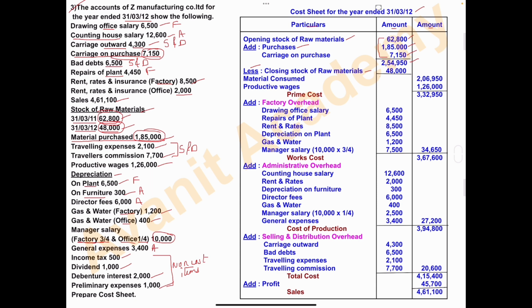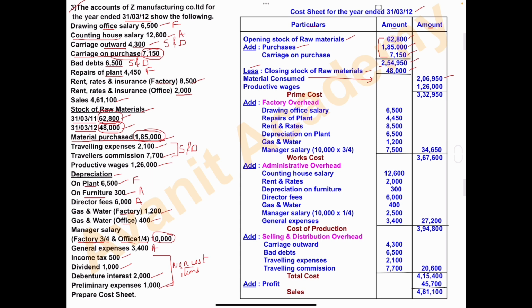This one we have to minus. 2,54,950 minus 48,000, and the final amount is 2,06,950. Write it in the last amount column, 2,06,950. And this is called material consumed. So the material consumed during this period is 2,06,950.